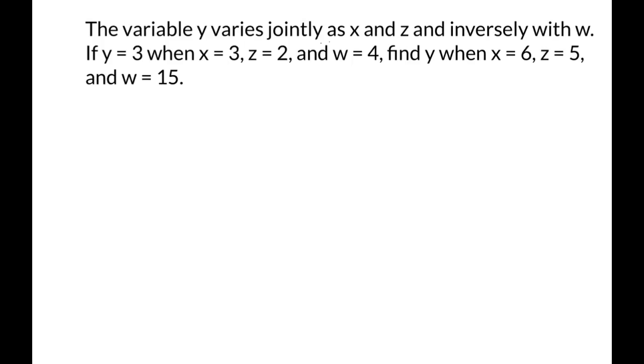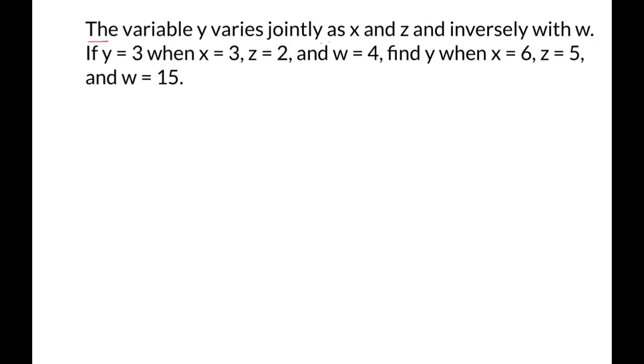Okay, here's our last problem. The variable y varies jointly as x and z and inversely with w. If y equals 3 when x equals 3, z equals 2, and w equals 4, find y when x equals 6, z equals 5, and w equals 15. Okay, the first thing we need to do is look at this in 3 parts.